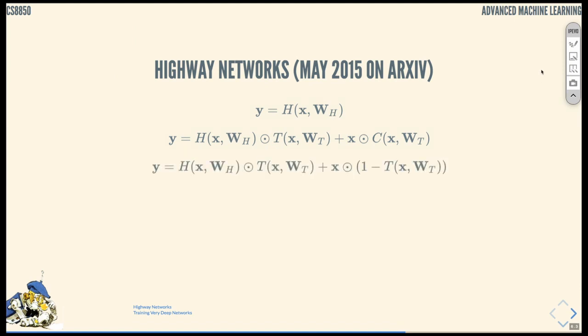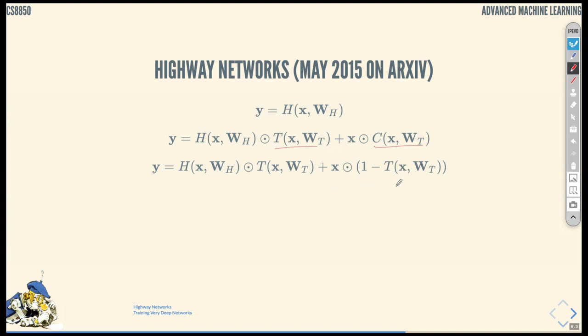The authors of the highway network paper went the following way. Even though they offered that idea themselves, instead of having two separate carry and transfer gates, they suggested an interpolation between the gate that passes through the transformed version of x and x.